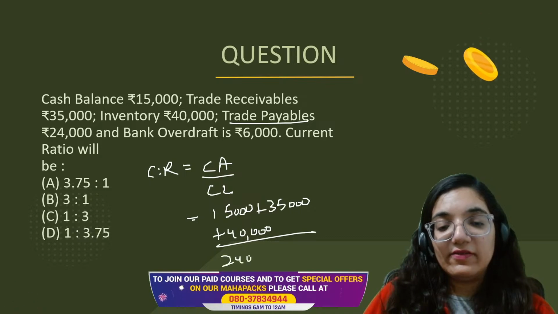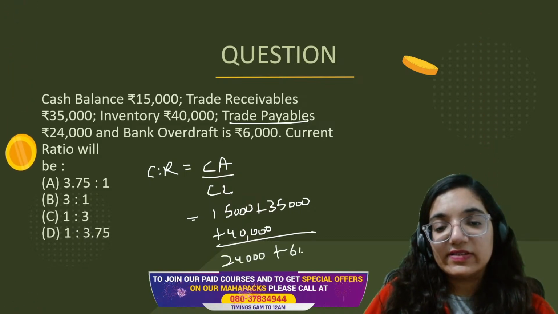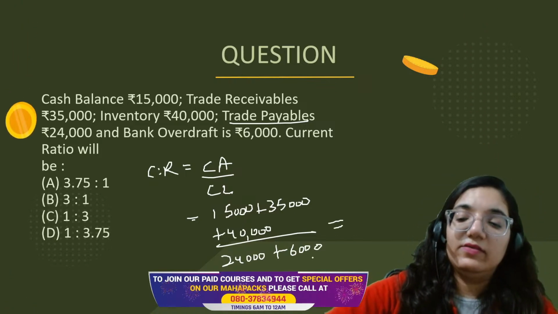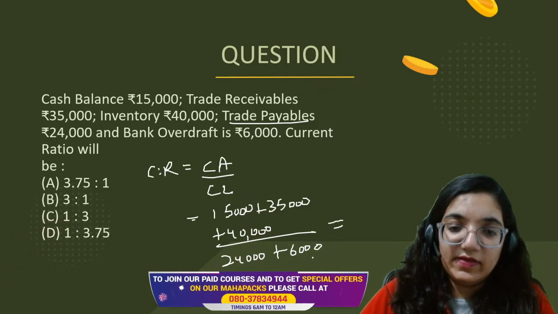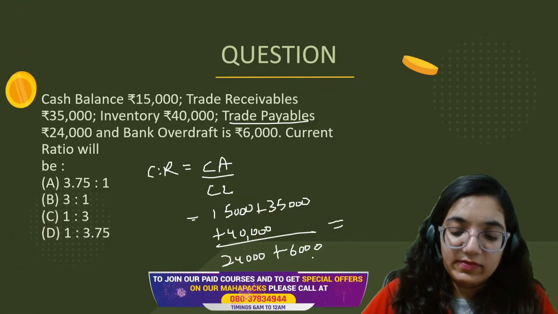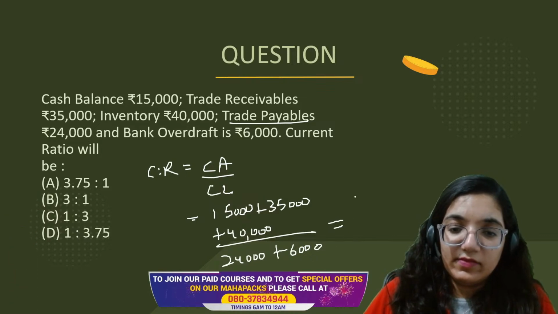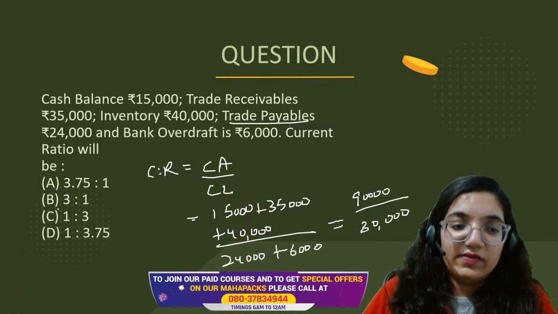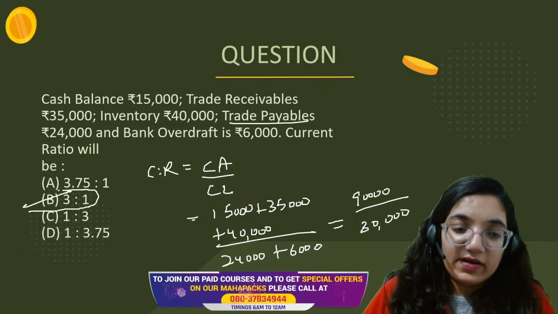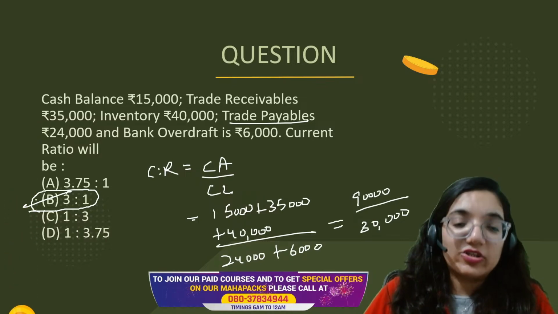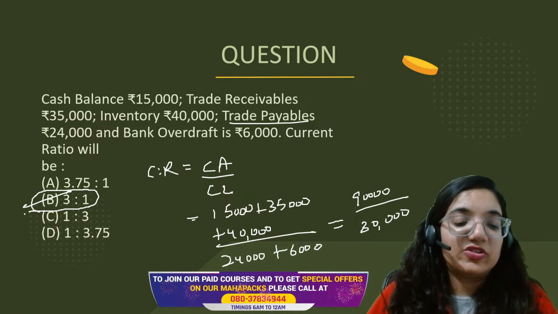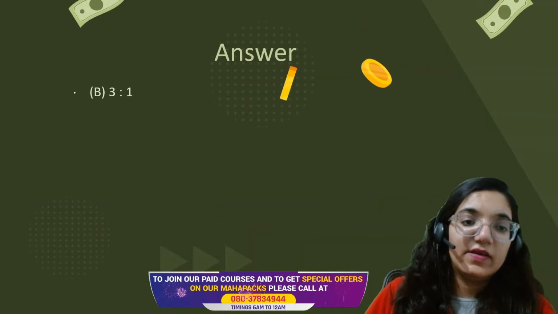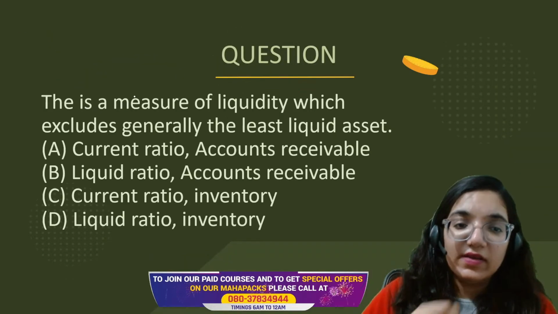That is 24,000 plus 6,000. What would be the answer, everyone? 90,000 divided by 30,000. This turns out to be 3:1. The current ratio is specified in absolute ratio form. So 3:1 is the absolute ratio form. Done? It is 3:1.